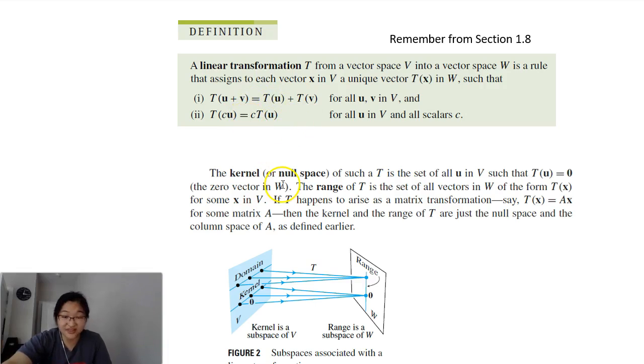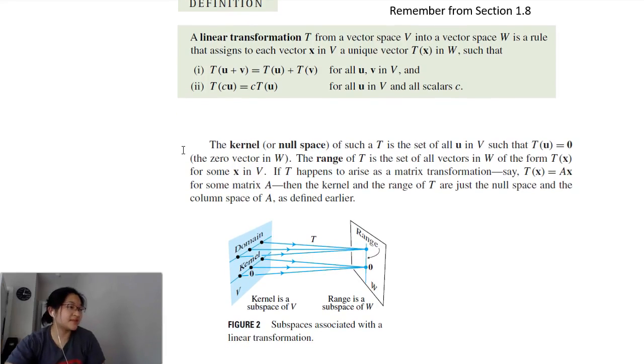That's part of the definition, and it looks remarkably similar to subspace stuff. Our kernel, another way of saying the null space of a linear transformation, is the set of all u's that get you to the zero vector, and the range is what you're getting to.